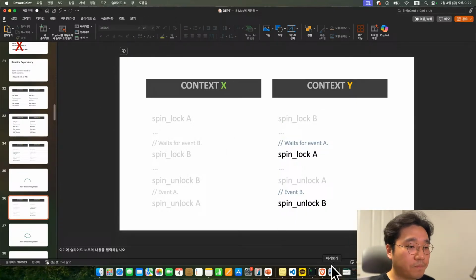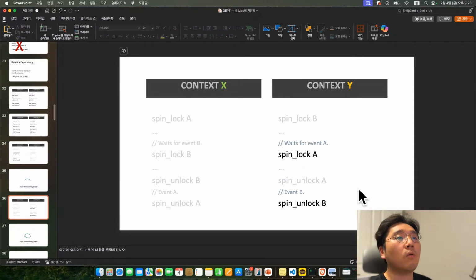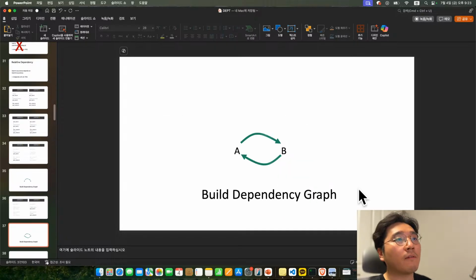So as you know from the previous slide, in context Y, event B occurs depending on event A, which is unlocked in this situation, right? So we can draw a graph from B to A.